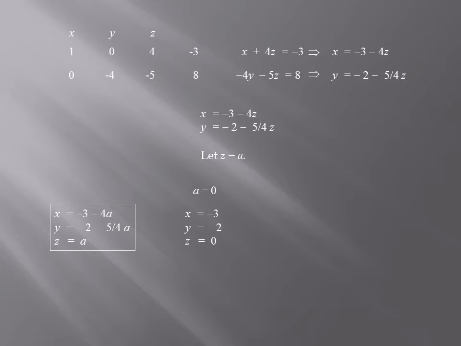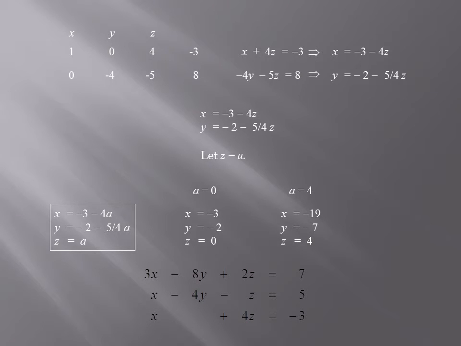And z equals a, which equals 0. If a equals 4, we get x equals -3 minus 4 times 4, or -19. y equals -2 minus 5/4 of 4, that's -7. And z equals a equals 4.